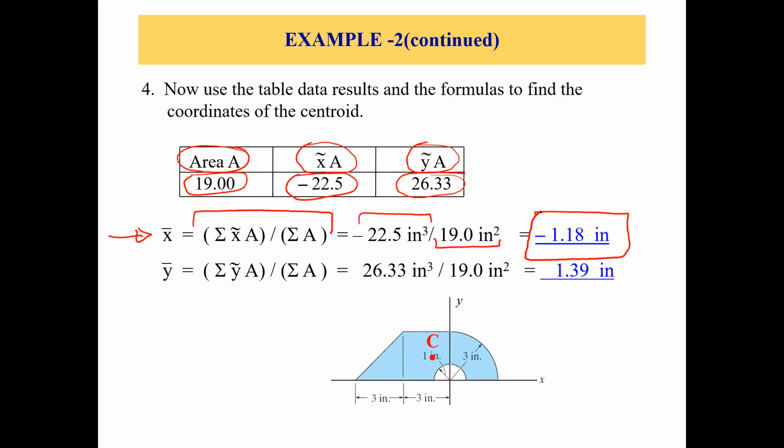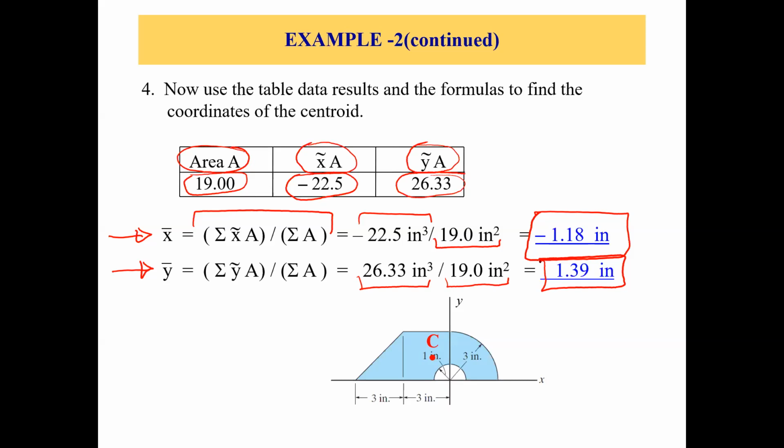Now, similarly for y bar: y bar equals summation of y bar times area divided by summation of area, okay? You just use these numbers, 26.33 inch cube divided by 19 inch square, so we get 1.39 inches, which is the y bar of the whole shape.